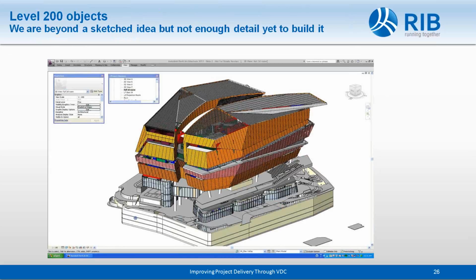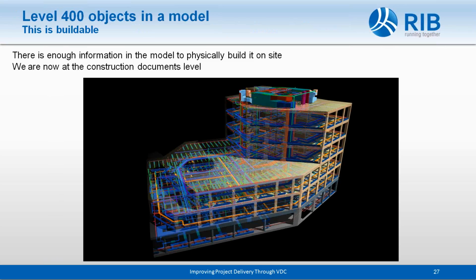Level 200, we know a whole lot. We're way beyond the sketching time, but we still don't have enough information within it to actually build it, but we do know a good bit more about it. Okay, level 400, we can build it based on this model and all the information within the objects.